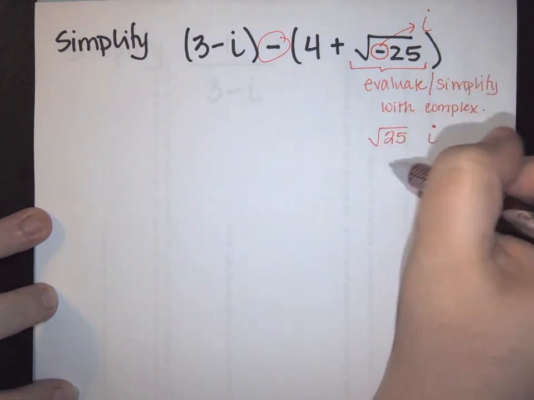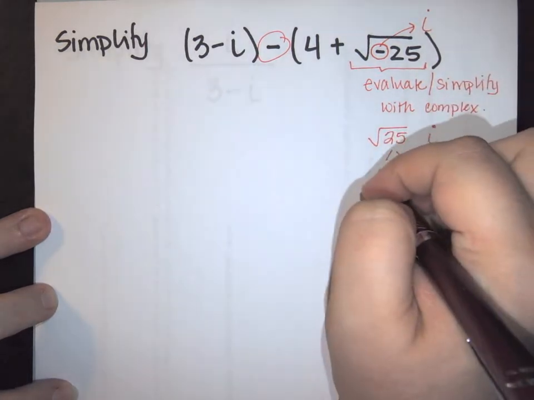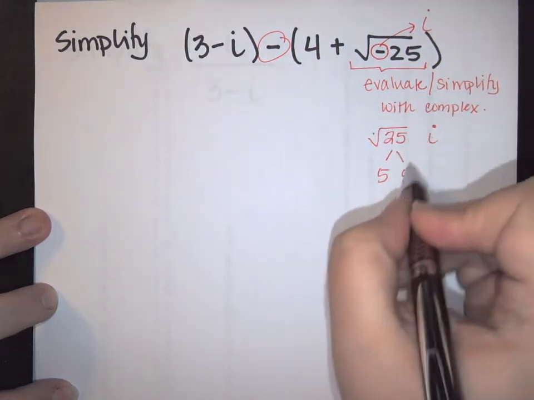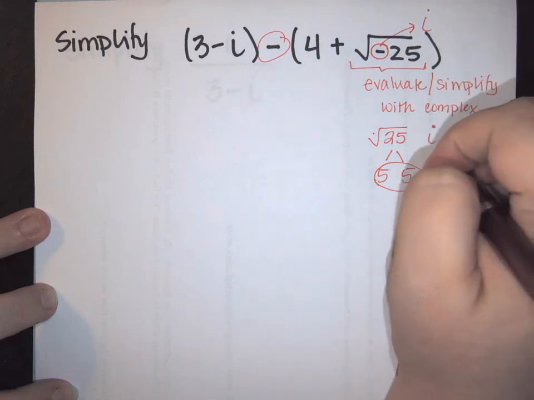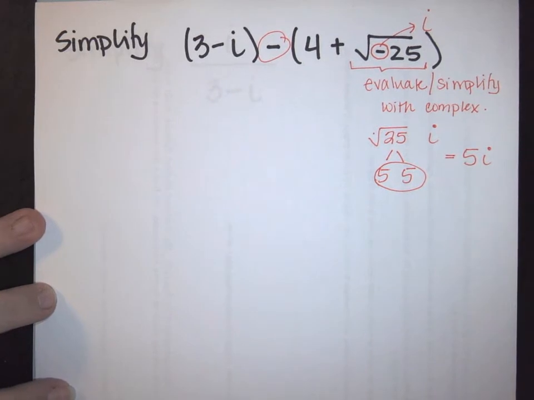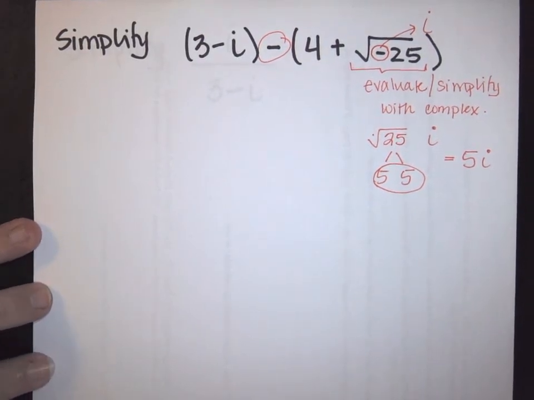And then when we evaluate the square root of 25, remember that breaks down into 5 and 5. Since my index is a 2, you would pull out your group of 2, and therefore this would end up being 5I. So the first thing you always need to make sure you do is make sure any and all complex radicals have been rewritten in terms of I.